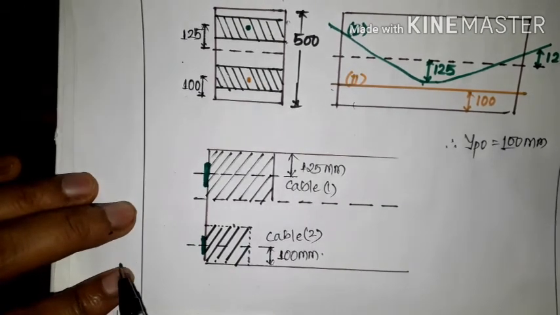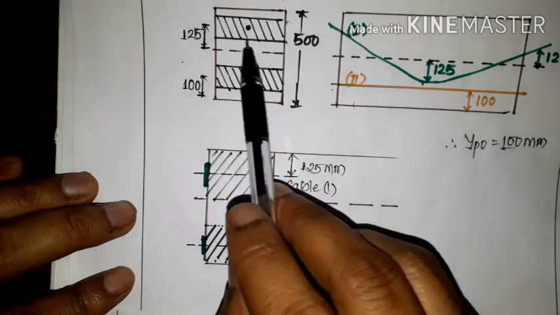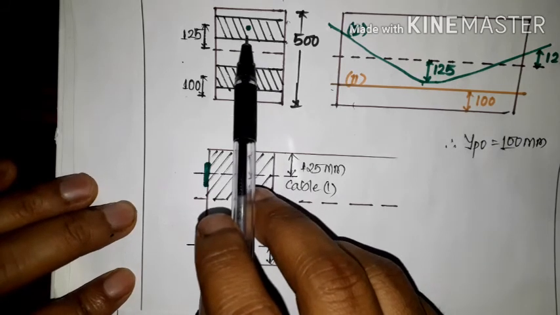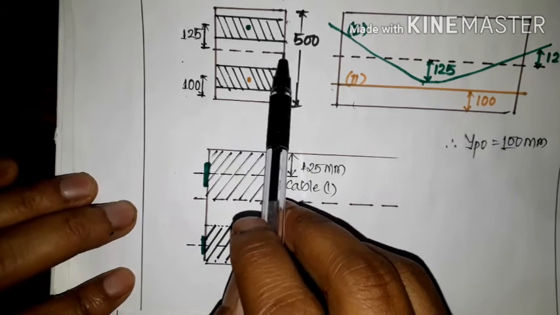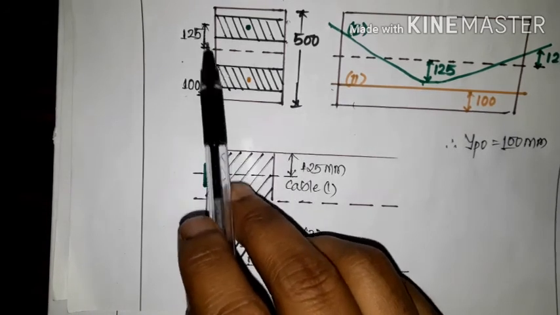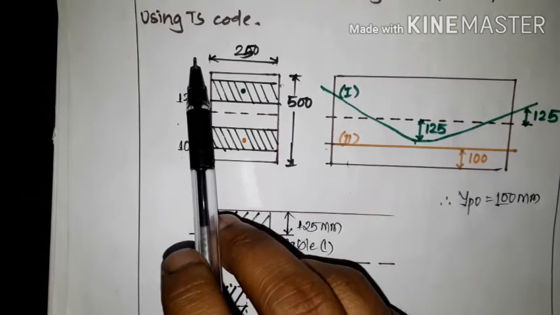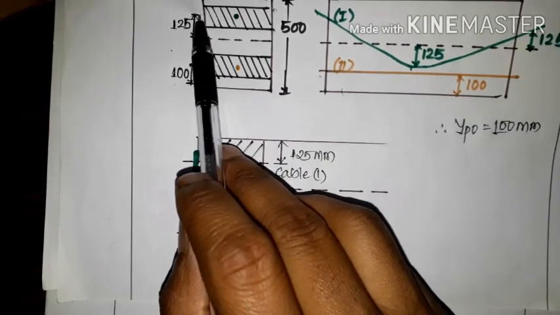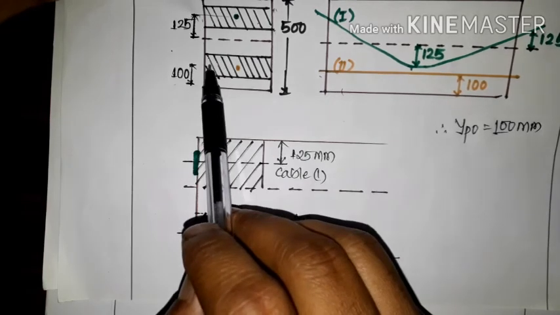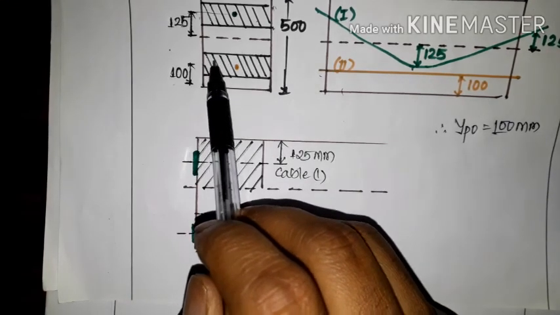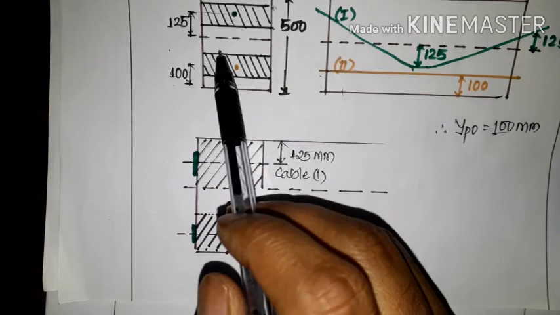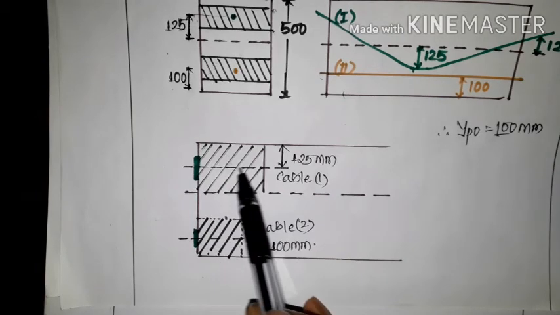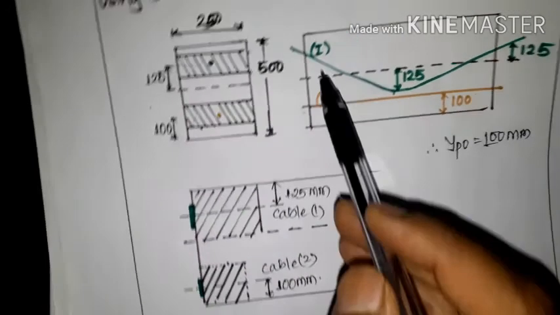This plate is located at a distance of 125 mm from the center to the above. Okay, so what will happen here? So from here to here it is y1, then again from here to here it will become y1 plus y1. Understood? I told you in case of the eccentric plates what you have to do. So here, this is the cable we have, and this distance is 125 mm.